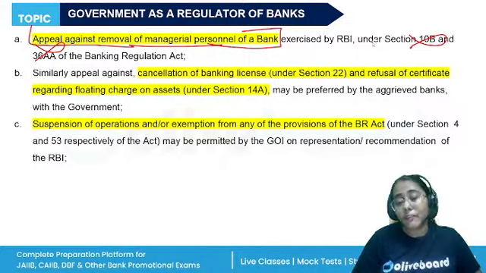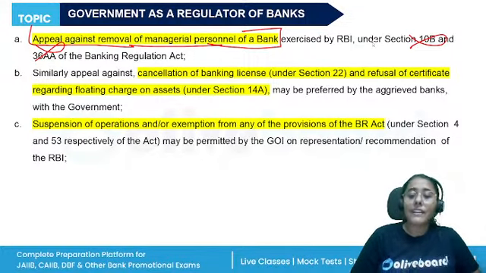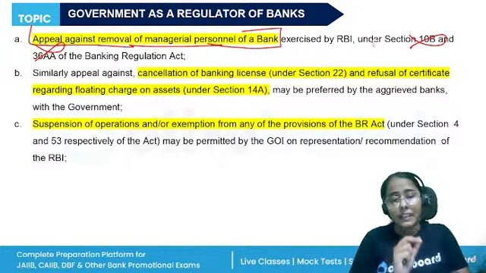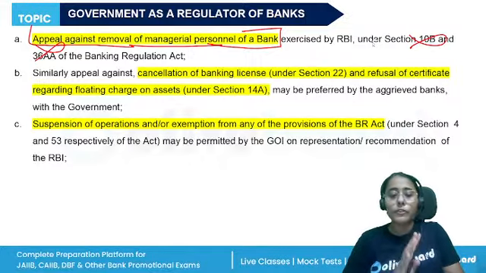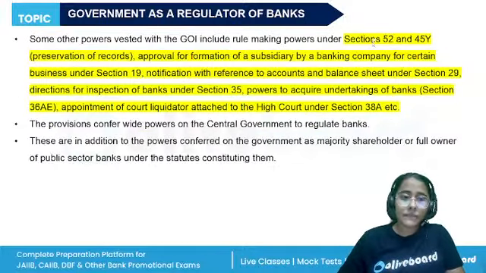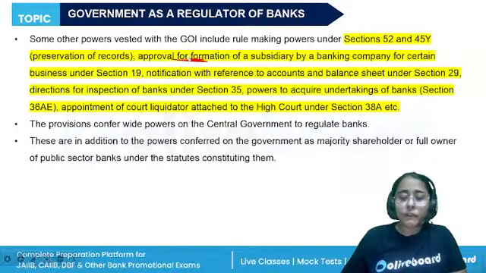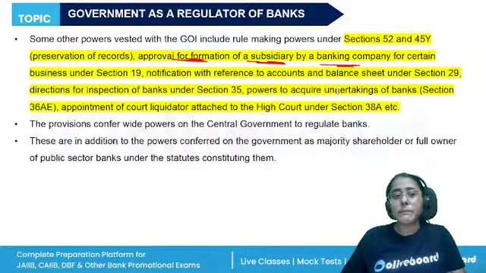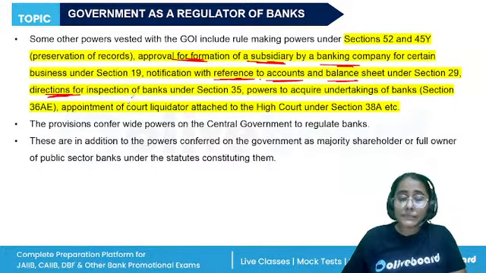If the central government thinks it is necessary in the public interest, they can give exemption to the banking company from this provision, right? Other powers given to the Government of India: approval for formation of a subsidiary by the banking company, notification with reference to accounts and balance sheet, and direction for inspection.